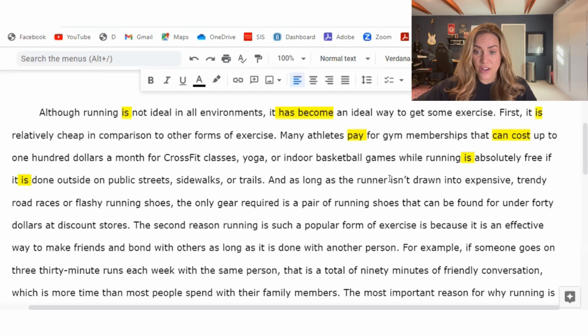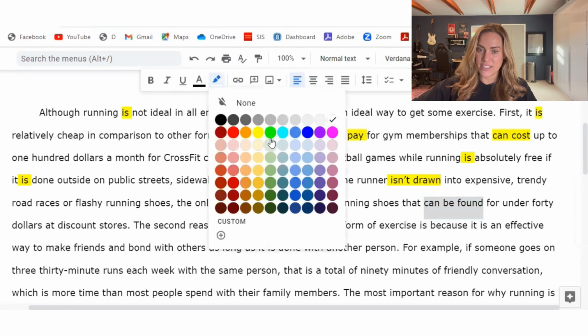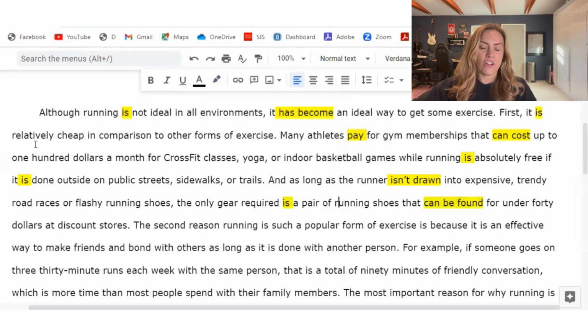And as long as the runner isn't drawn, present, into expensive, trendy road races or flashy running shoes, the only gear is, present, a pair of running shoes that can be found, present tense, for under $40 at discount stores.